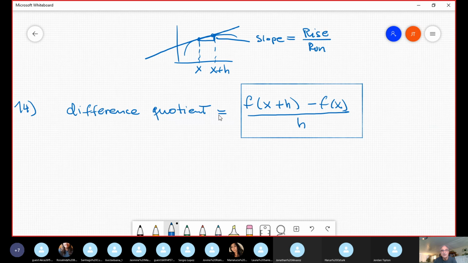It's obvious that run is h because it's subtraction, this minus this. So this distance is h. And this distance is the y, because this is f of x plus h, and this is f of x, corresponding with it. And you're subtracting this segment here. But I don't care, this is not important.